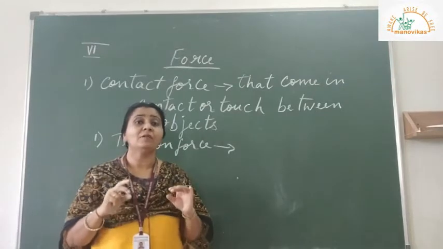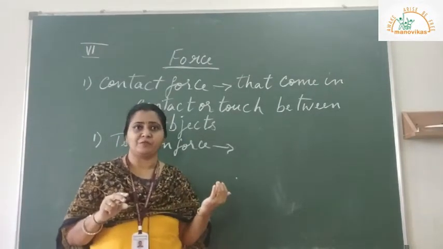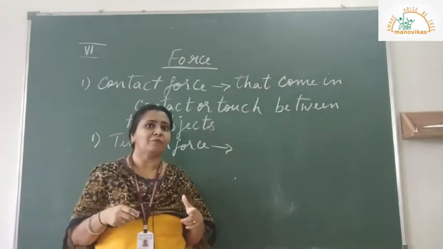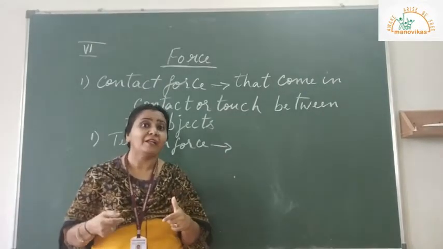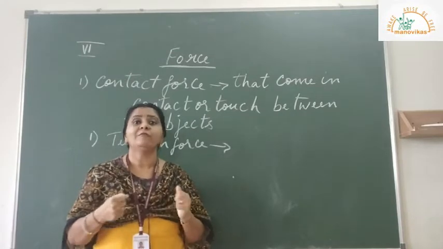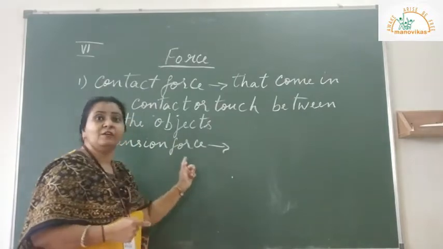So, for example, yes, students, you all play tug of war, right? When you play tug of war, what are you doing? You are pulling the rope. So you are applying the force on the rope. So it is a pulling force. That type of force is known as tension force.